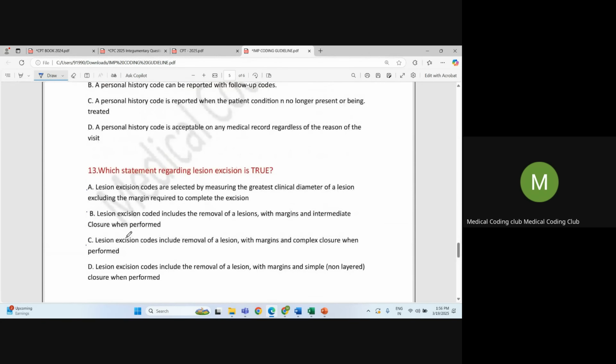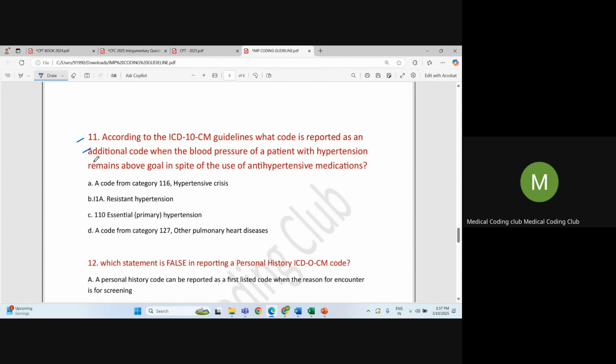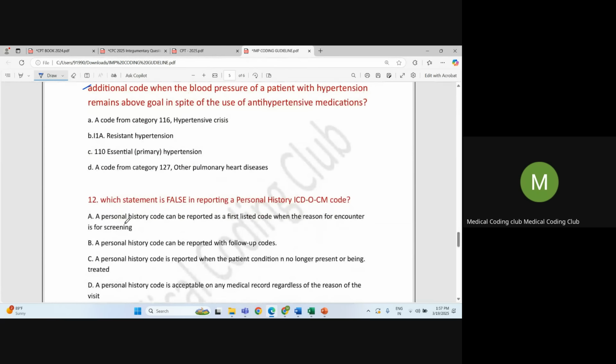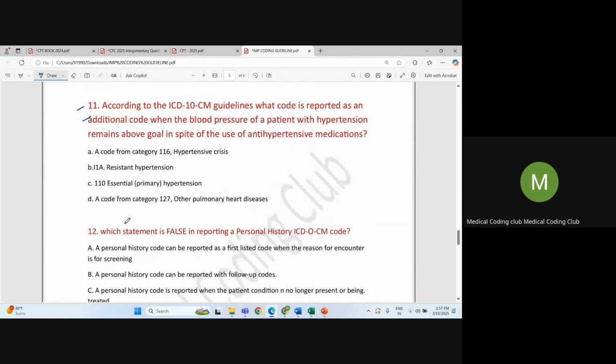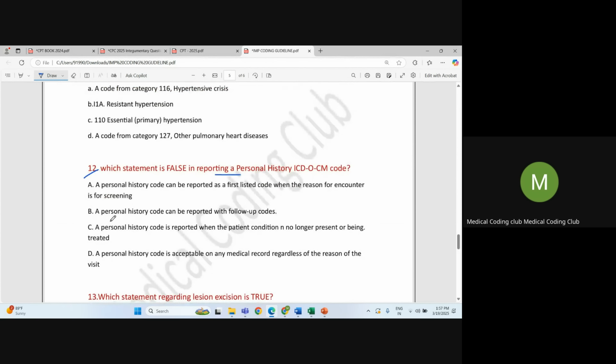Okay, so up to here I have discussed in the previous video. So today, 12th question is, what statement is false in reporting a personal history of ICD-10 CM code? So the guideline here, you can see other options you can just go through. I'll just highlight the answer.